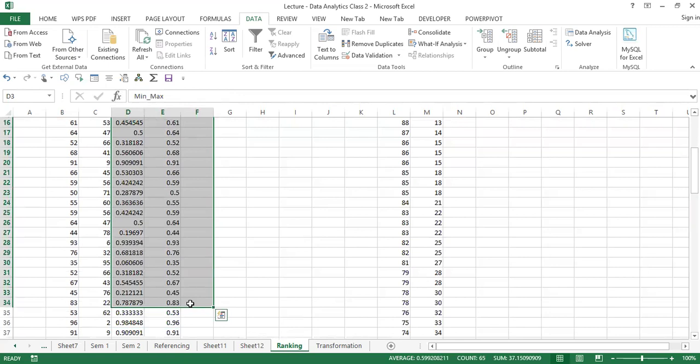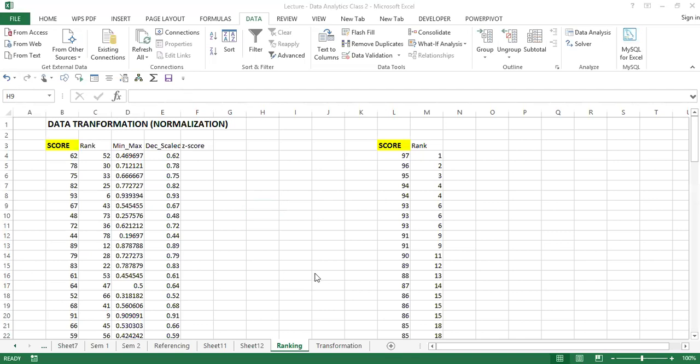So can I ask a question? Please do. I'm asking about the importance of min-max and decimal scaling in data transformation.